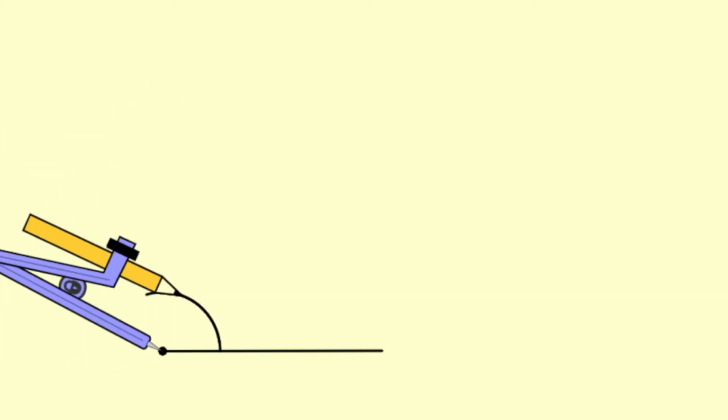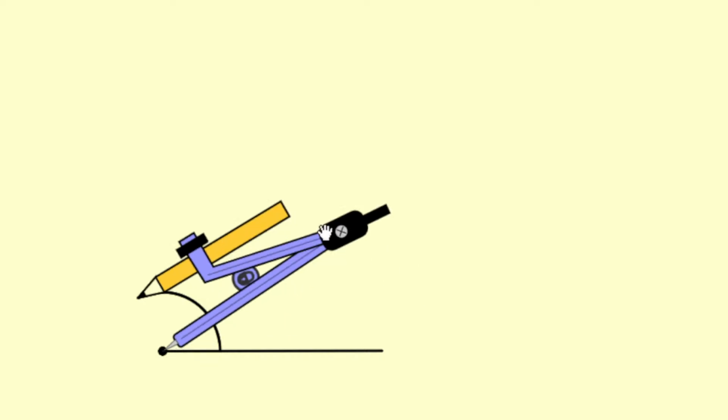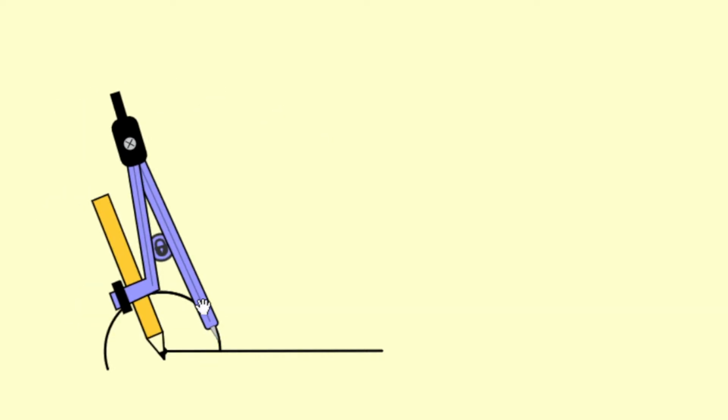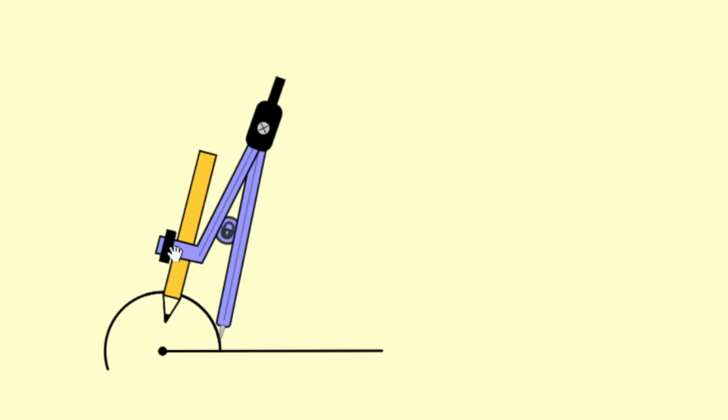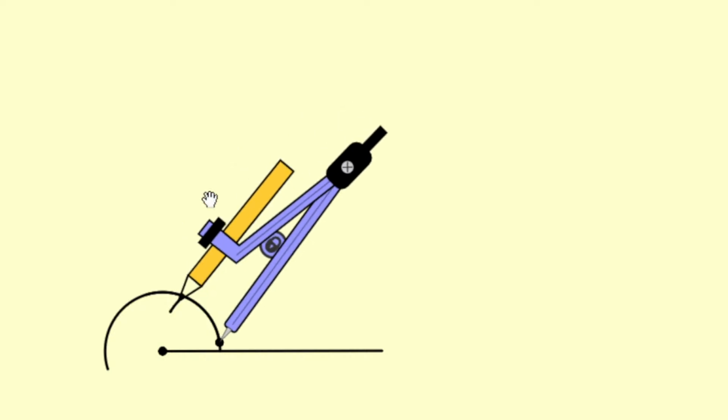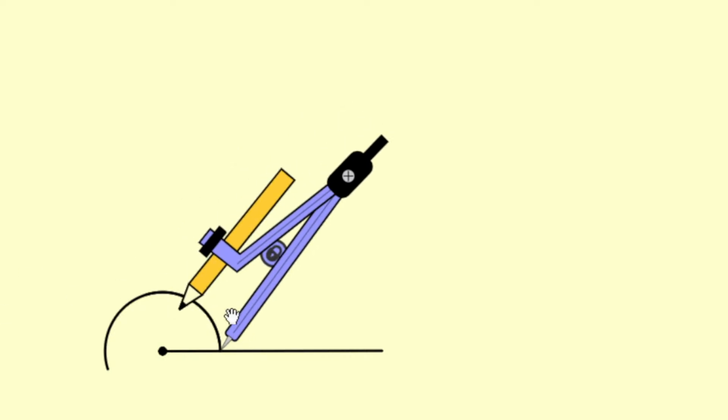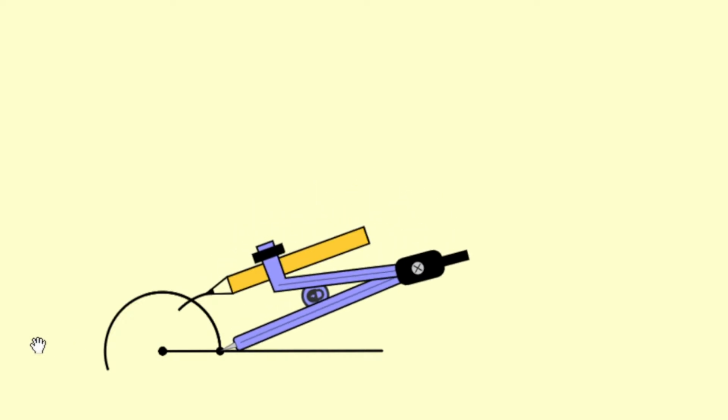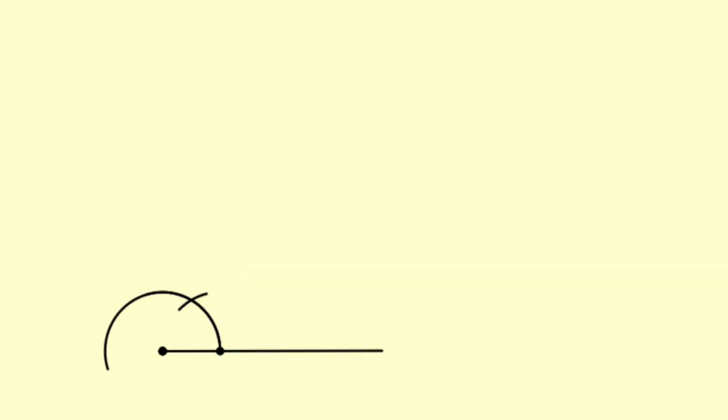60-degree angle I have already explained how to draw, so that I will not explain. So I have drawn the 60-degree angle. Those who have doubt, you can just listen from starting.